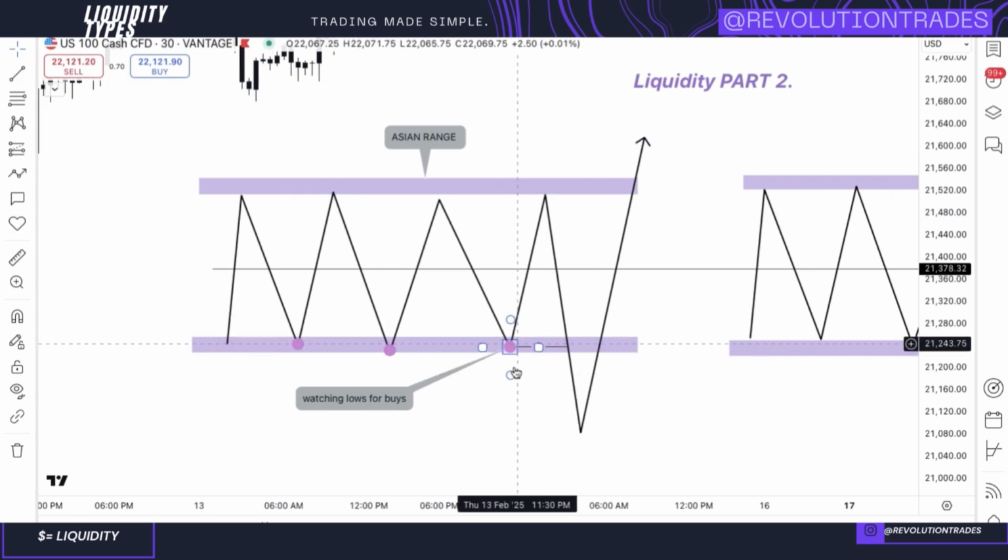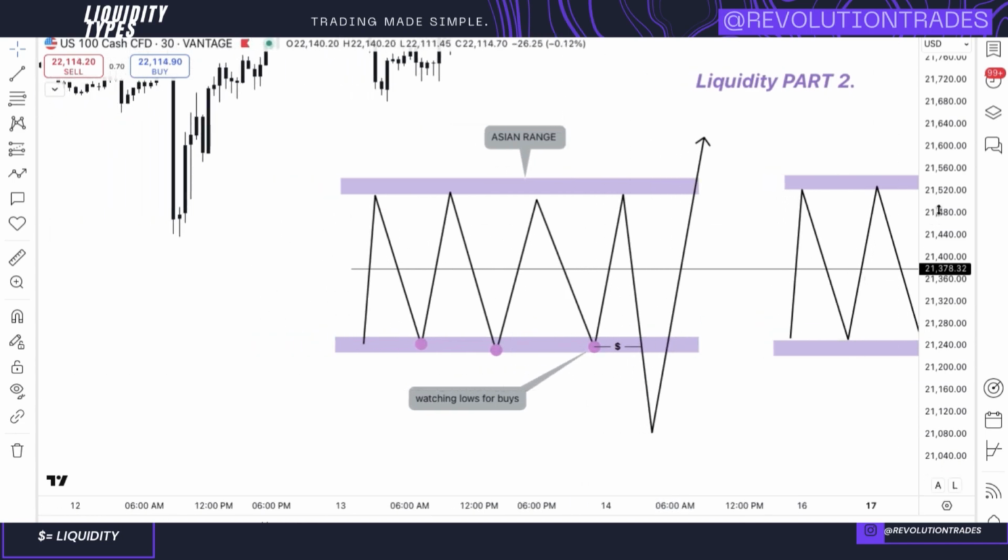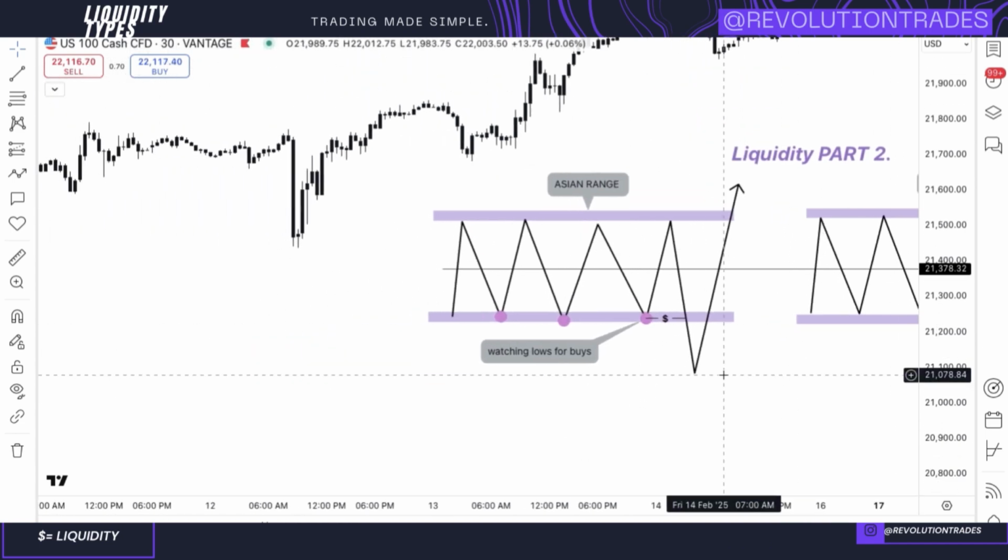Once you have identified a low point for buys, what you're going to do is just pay attention to price action. If you see price approaching the low point and you see price is most likely going to run through it, aka sweep it, what you're going to do is identify a point in the market that is slightly lower, just to validate that it is a true liquidity sweep.